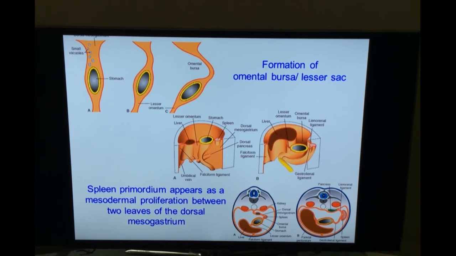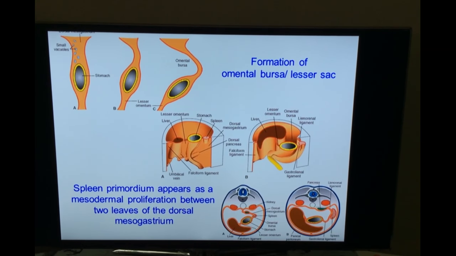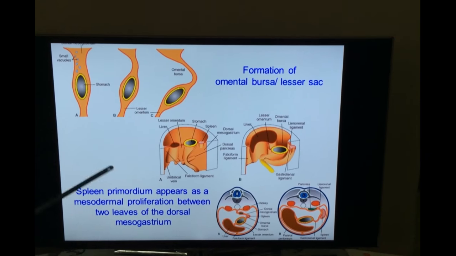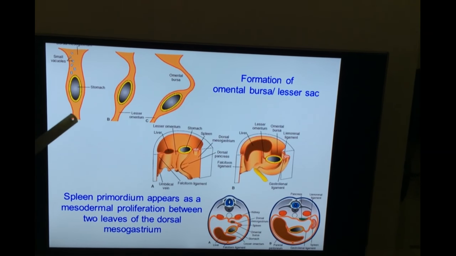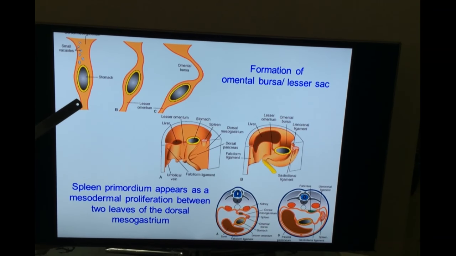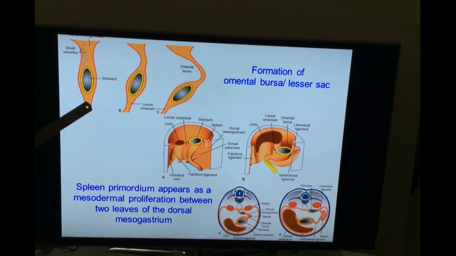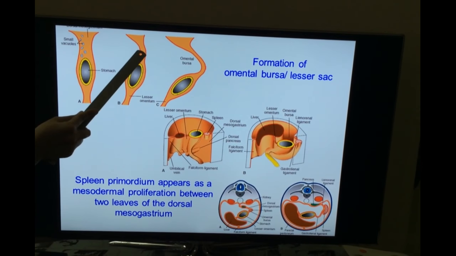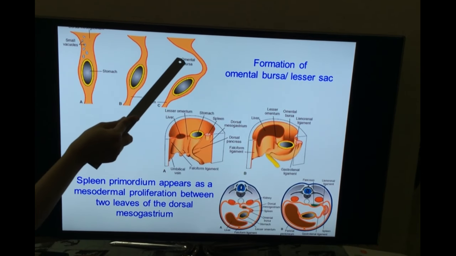Since the foregut has mesentery on both the ventral and dorsal aspects, the mesentery attached to the stomach is called the dorsal mesogastrium and ventral mesogastrium.